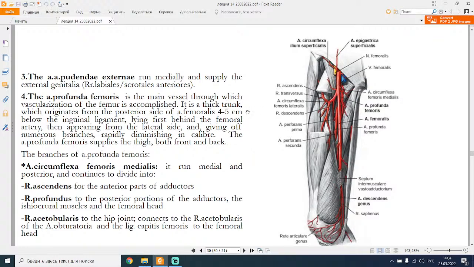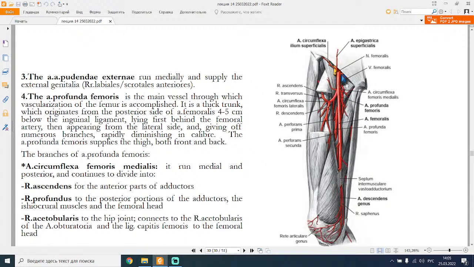The branches of profunda femoris: arteria circumflexa femoris medialis.